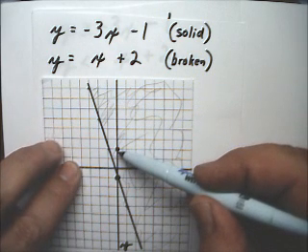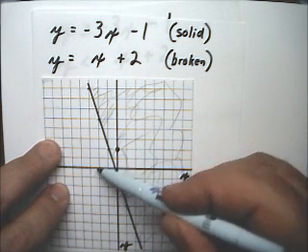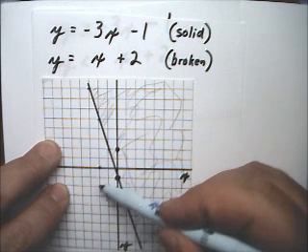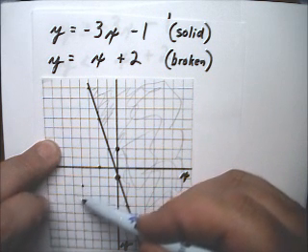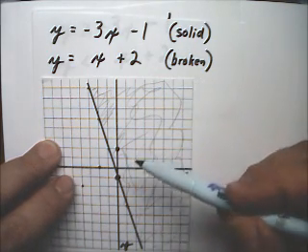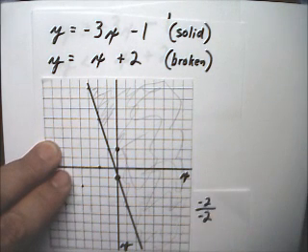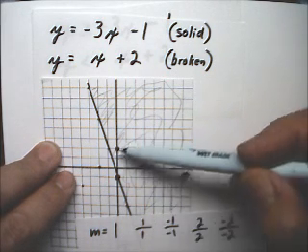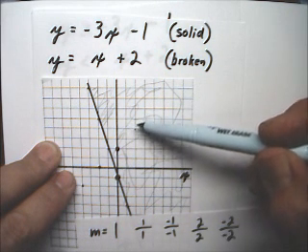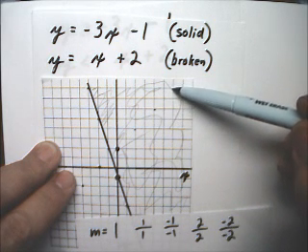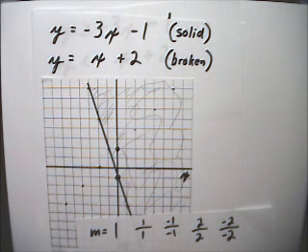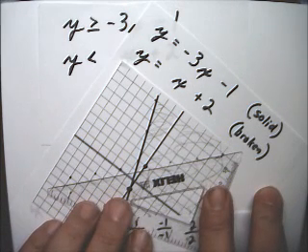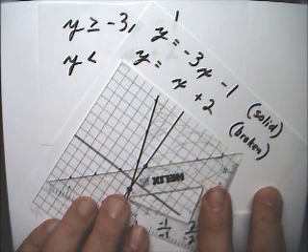So I can go down 2 and to the left 2, or I can go up 2 and to the right 2. So now this line is a broken line because it is not part of the solution.